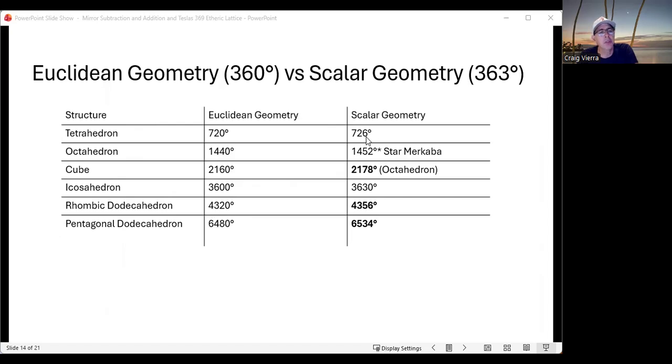In the scalar geometry, we have 726, shifted by 6 degrees relative to the Euclidean geometry. Then I have 1452, the star Merkaba. In my system, 2178 could be an octahedron, which is 2 square-base pyramids put together, 1089 times 2.